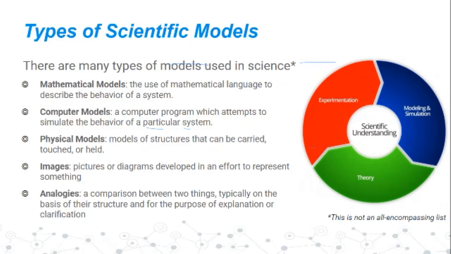We have pictures or diagrams developed in an effort to represent something; that is still a model. And lastly, we have analogies, which are a comparison between two things, typically on the basis of their structure and for the purpose of explanation or clarification.